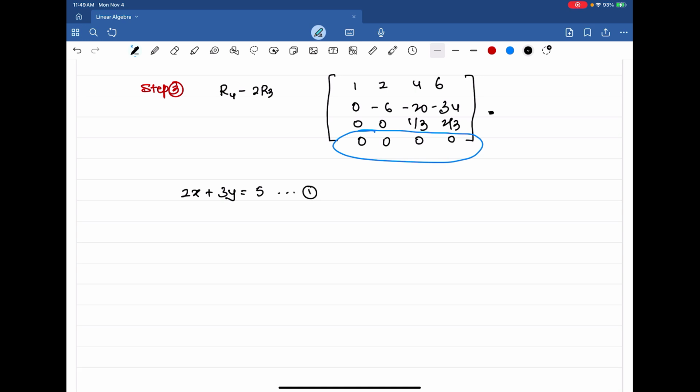Another equation is 0x plus 0y is equal to 0. There are two equations, two unknowns. Can we solve this equation? Please think over for a minute. Can you solve this equation? Then if it can be solved, how many solutions are there for this?